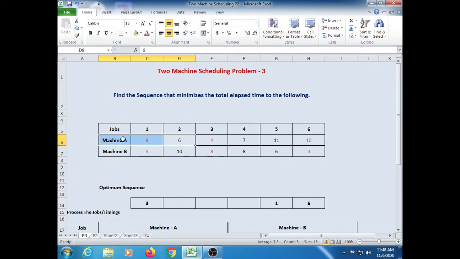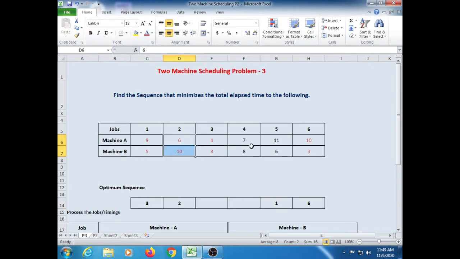From left to right, because this processing time is related to machine A. So 6 processing time is related to machine A, and from left to right we place the job. This processing time is related to job 2. So I placed job 2 here, right.